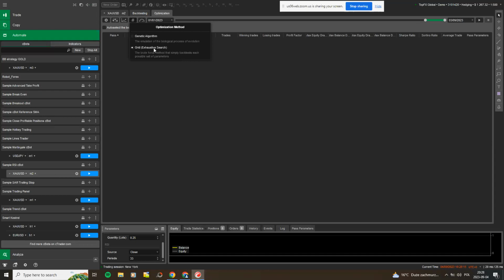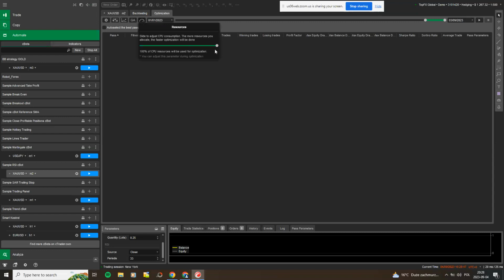Grid is like a brute force algorithm, which tests everything with different parameters, backtesting each possible set of parameters. And this one is like an emulation of the biological process of evolution. The strongest will survive. This one we are going to stick to, the genetic algorithm.